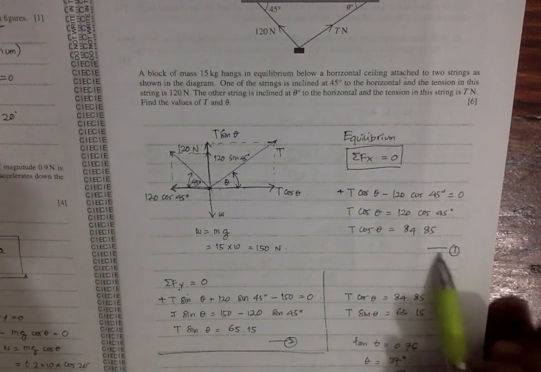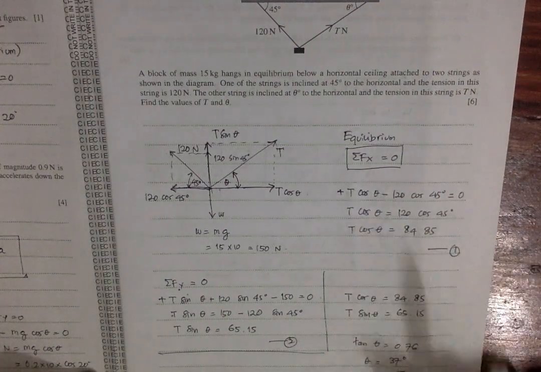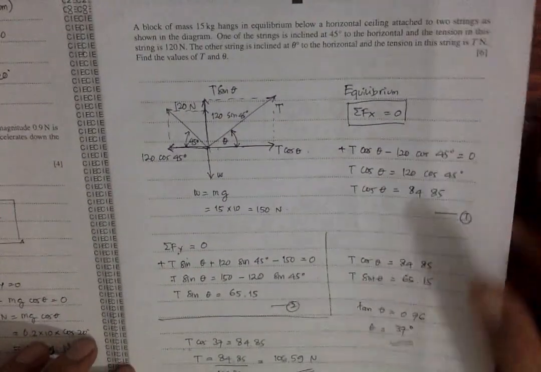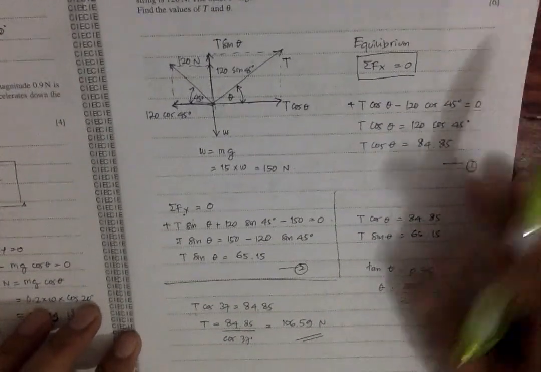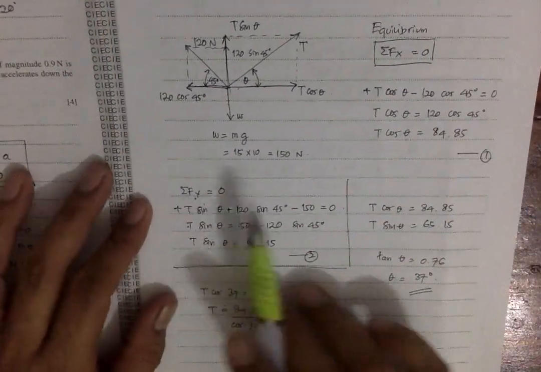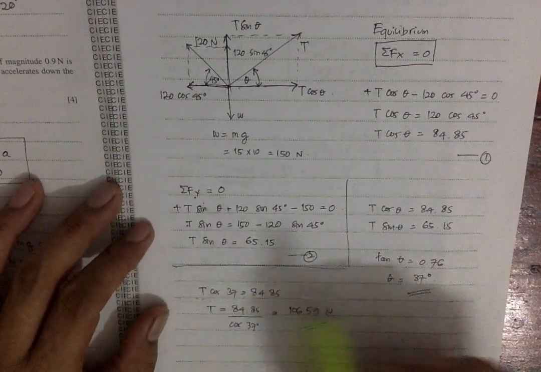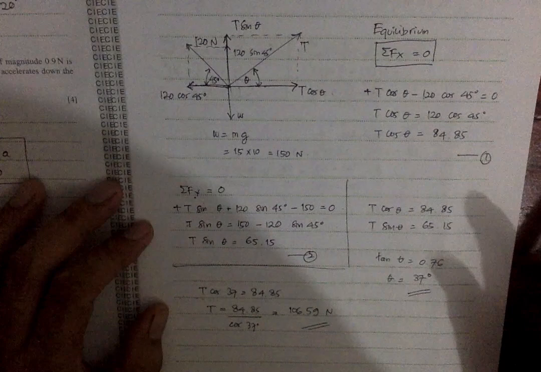This is equation 1 from the x direction. So we continue to the y direction. In the y direction, we still use total force in y direction equal to 0, because this is a system in equilibrium.